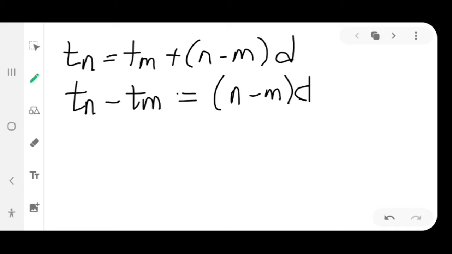Since the operation between n minus m and d is multiplication, we are going to divide the left side of the equation by n minus m.